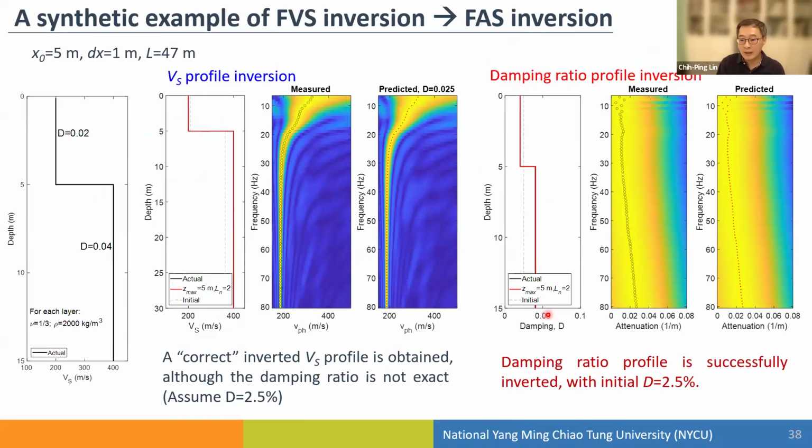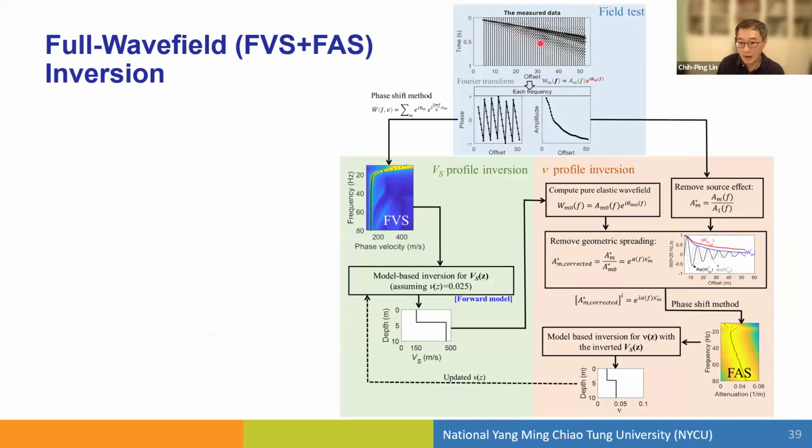We can also do this iteratively. We can decouple the wave field transformation into a phase term and an amplitude term. We start with the phase, assume a certain damping ratio, and get the shear wave velocity profile. Once we have the shear wave velocity profile, we perform attenuation spectrum inversion to get the damping ratio.